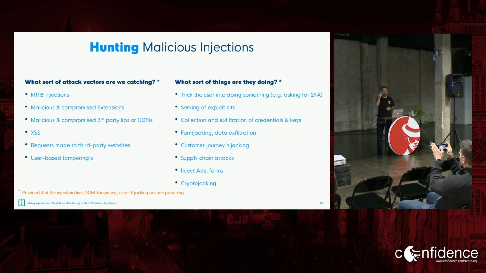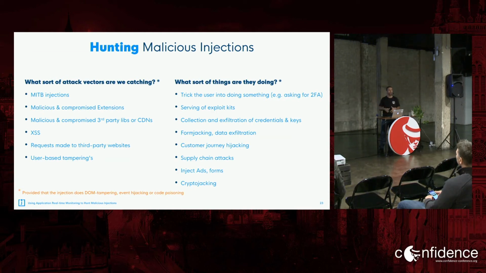And this has a very important note: provided that they inject something in the page. If they don't do an injection, if they are just silently collecting information from the browser, then we won't see anything and we won't be able to catch it. But this is not the common scenario.